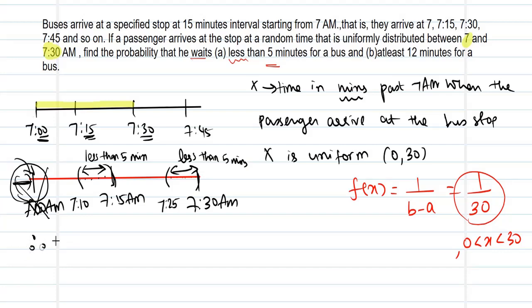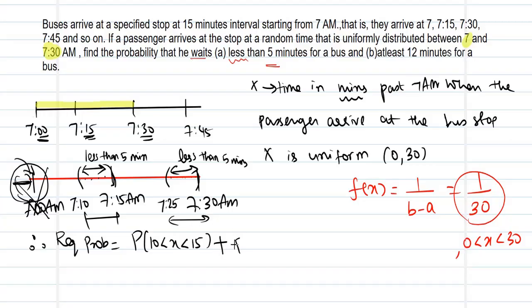Therefore, let us put it in probability. The required probability is the probability of 10 less than x less than 15 minutes, that is this duration, plus the probability of 25 less than x less than 30, this duration. So how is this to be evaluated?